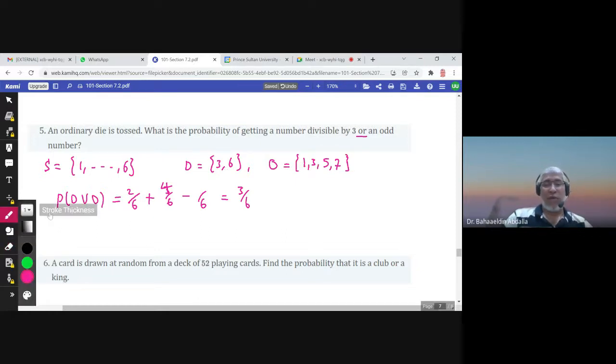So this is 1. So 4 plus 2 minus 1 is 5 over 6. There is no 7. There is no 7. Okay, so this is 3. So the answer is 4 over 6.